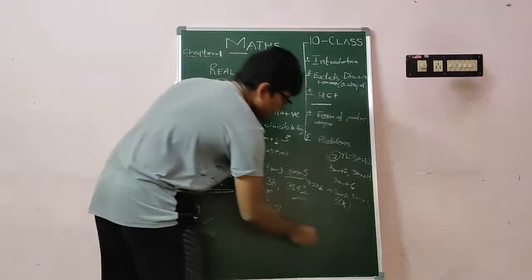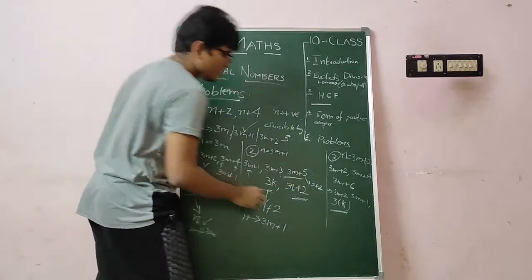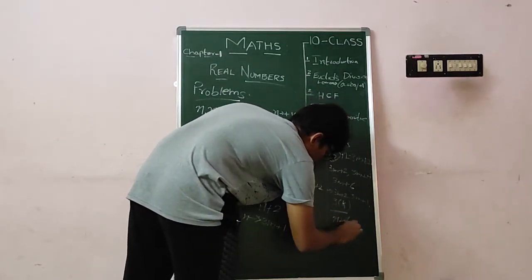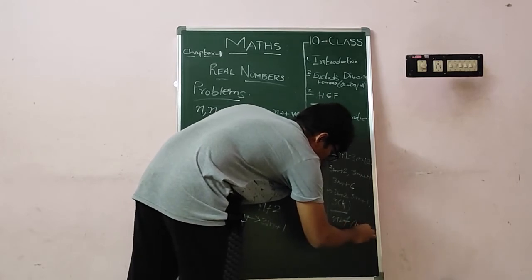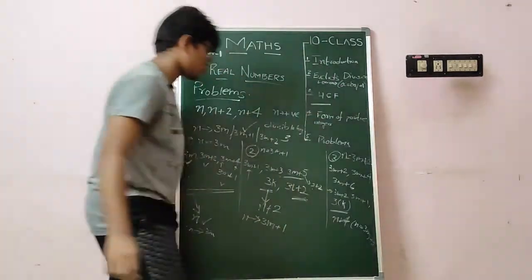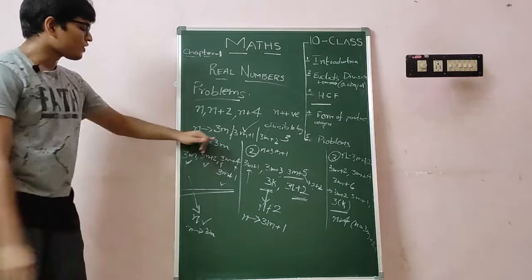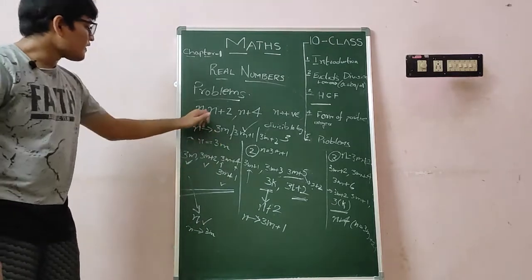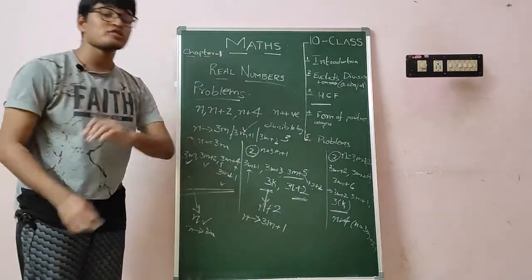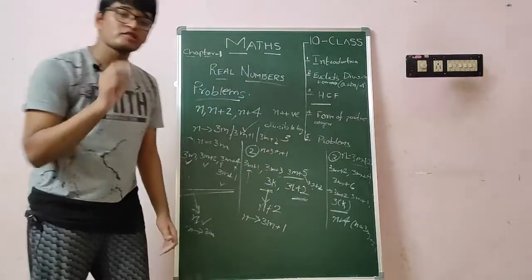Here you can observe, students, the divisible number is n plus 4, where n is in the form of 3m plus 2. Yes or no? Yes students, so this is our answer. As already discussed, if n is in the form of 3m, n is divisible by 3. If n is in the form of 3m plus 1, n plus 2 is divisible by 3. If n is in the form of 3m plus 2, n plus 4 is divisible by 3.